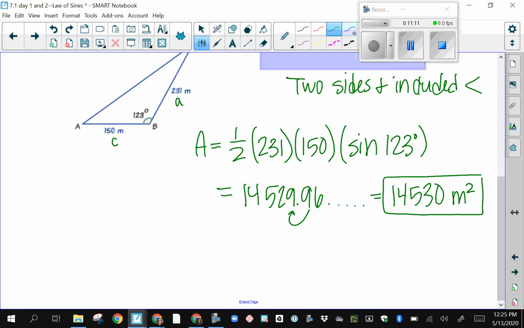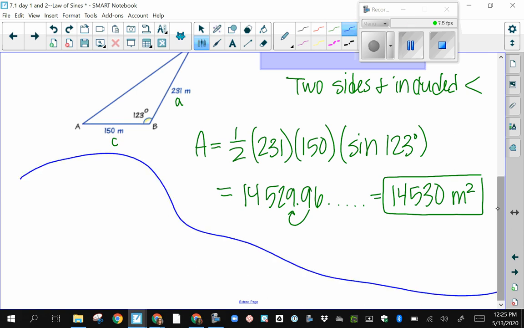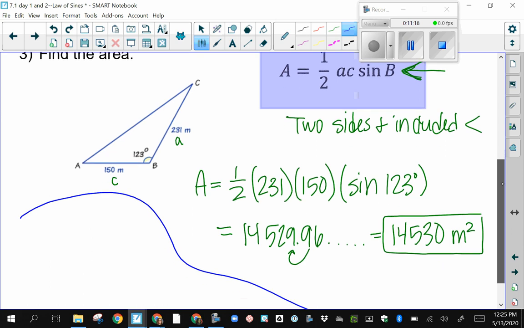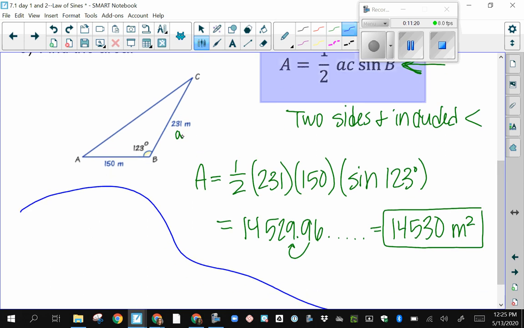Now, before I let you go, I do want to point out, some of you might be saying, well, couldn't I find the height? In fact, I was looking at the IXL options for this particular concept, and IXL doesn't use the sine formula very much. They instead drop a perpendicular out here, and they have you find the height, maybe by using supplementary angles.